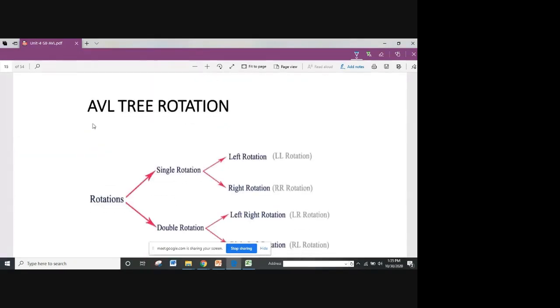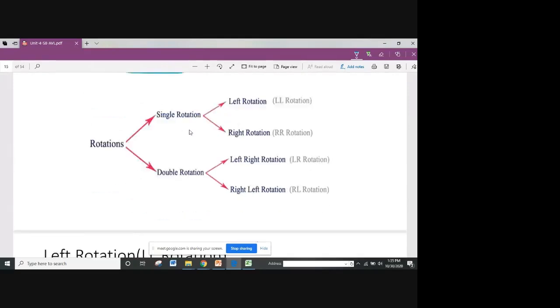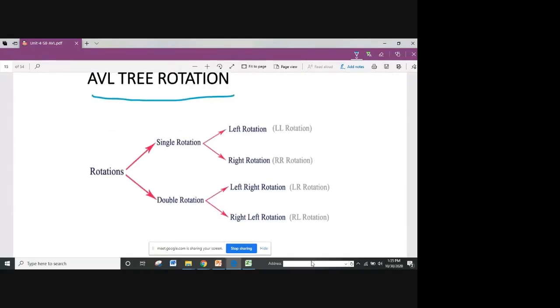So AVL tree rotation is mainly of two types. That is, there are four types, but they come under two rotations: single rotation and double rotation. Single rotation means you will rotate only once: left rotation and right rotation.